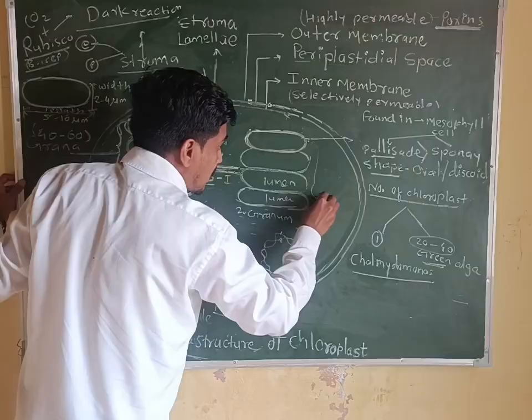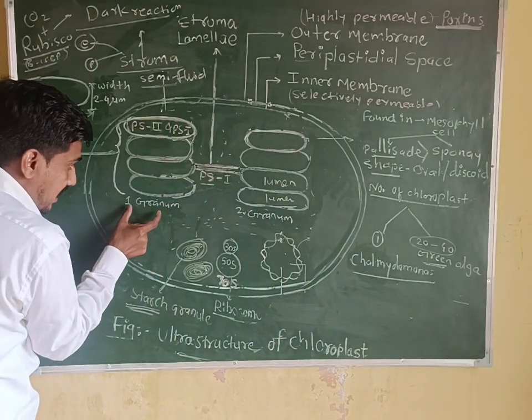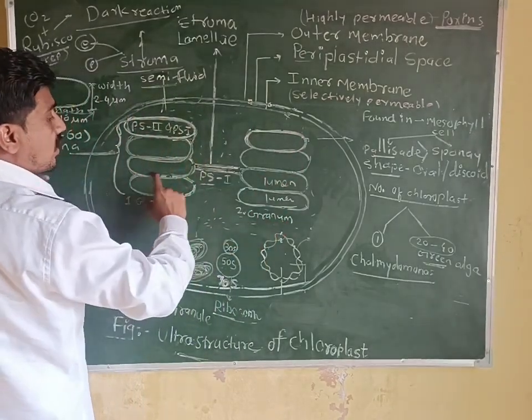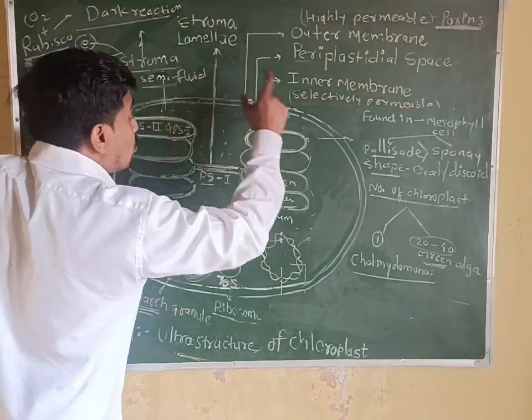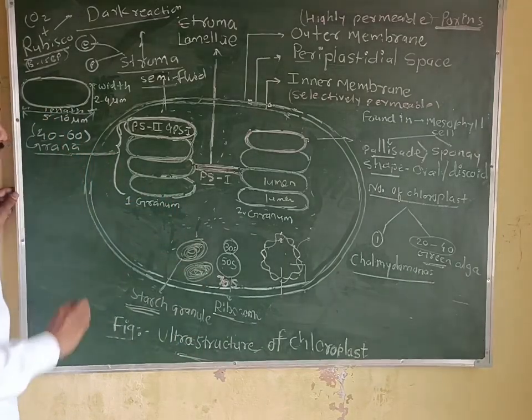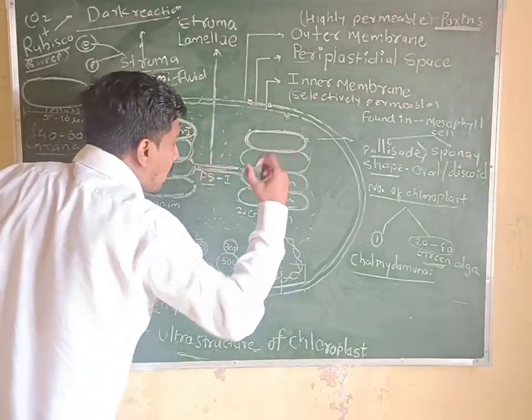Singular is known as granum. I drew only two grana here, but in one chloroplast about 40 to 60 grana are present.